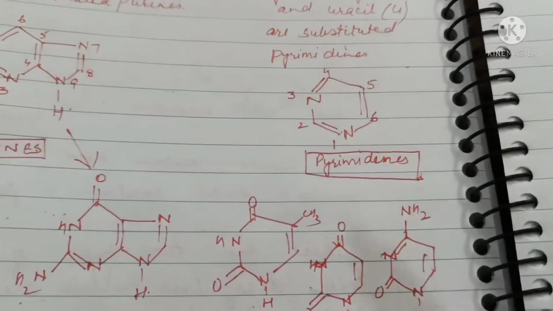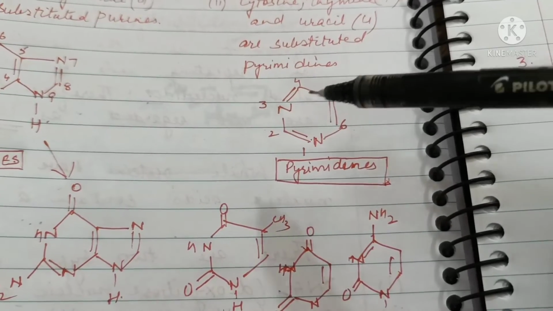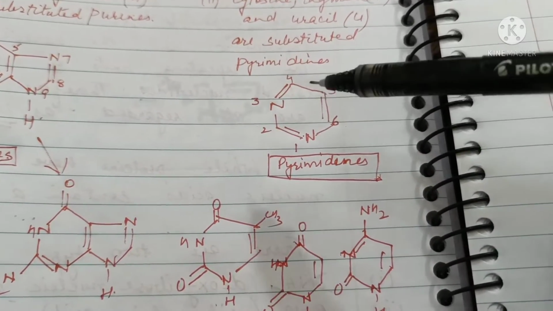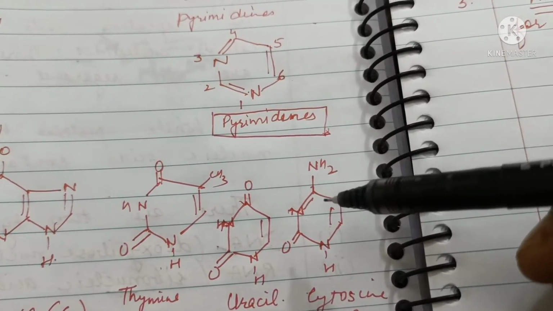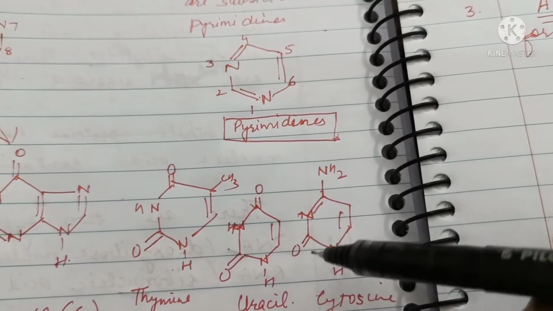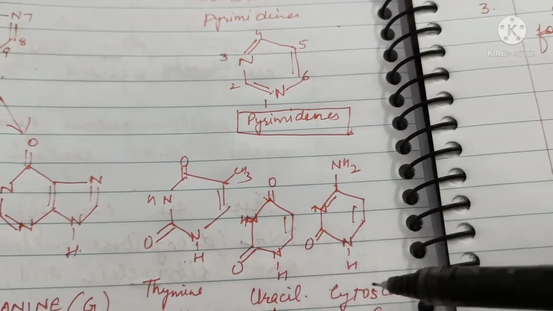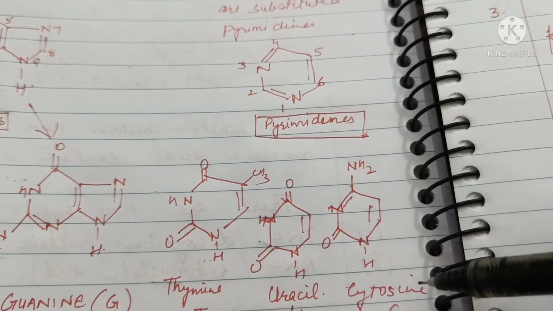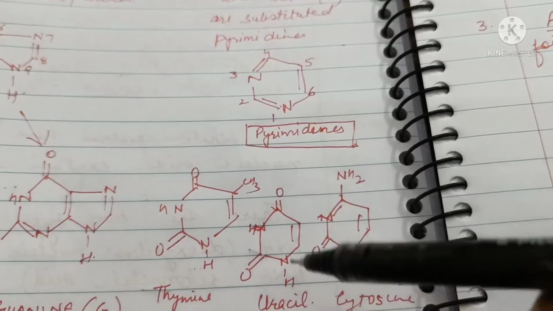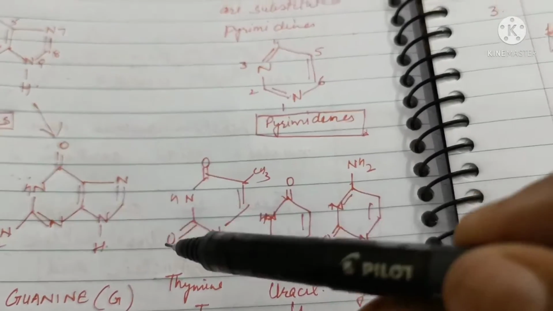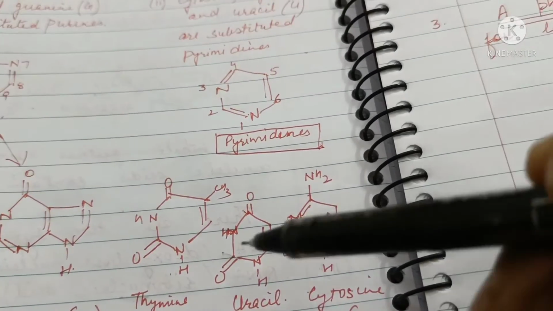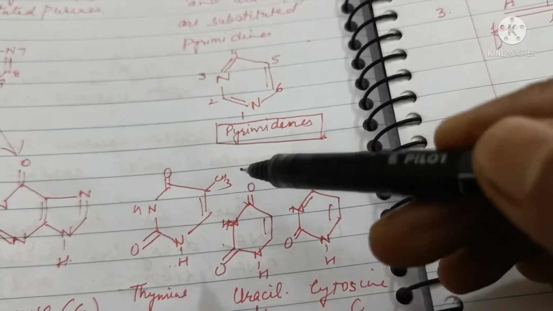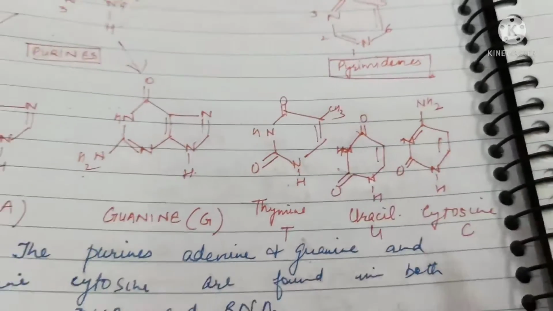In case of pyrimidines, in this heterocyclic 6-membered ring containing 2 nitrogen atoms, if there is an amino group along with a ketonic group, it is called cytosine. If there are 2 ketonic groups, it's uracil. And if along with 2 ketonic groups, just like uracil, there is a methyl group also, then it is thymine.